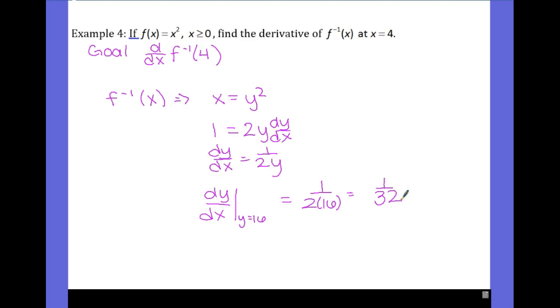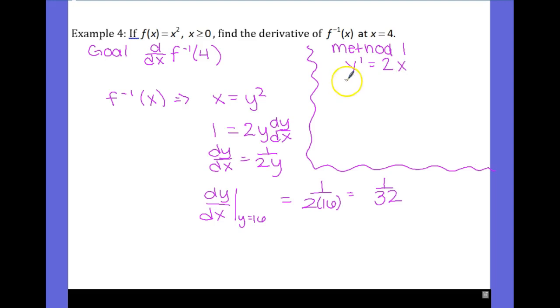You can compare this to method 1. Method 1 is what we did earlier. So method 1 said, okay, find the derivative. That would have been like saying y prime equals 2x. If you wanted to find f inverse prime of 4 for that, then you had to know what the y value was of the 4.